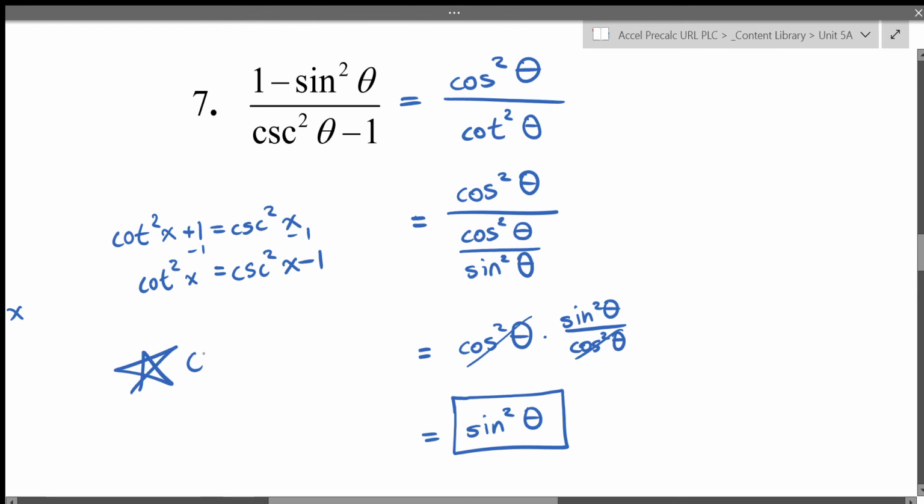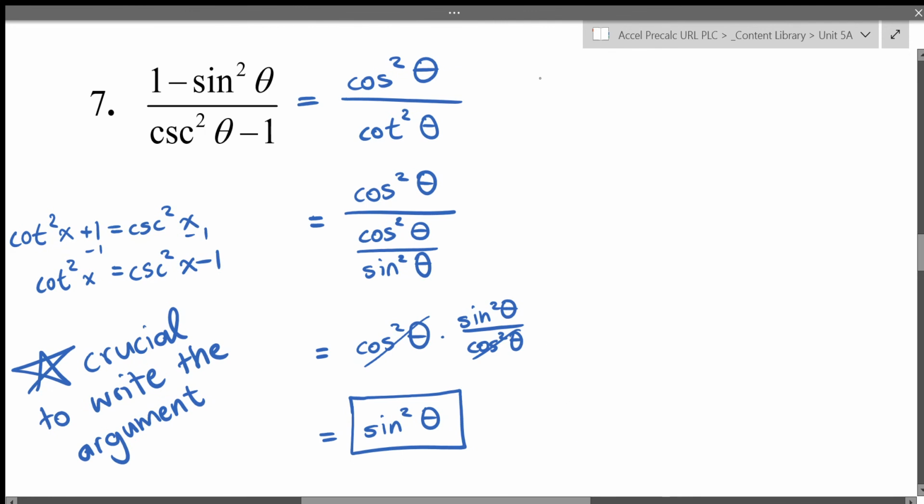It is super crucial, okay? Crucial right here to write the argument, okay? Because what we're going to do sooner than later is we're going to change the argument, and then there's going to be a whole lot of trouble going on, okay? So I'm going to show you an example of wrong work. This is wrong work. Do not write this as, well, this is cosine squared over cotangent squared, you know, and then I just keep simplifying.